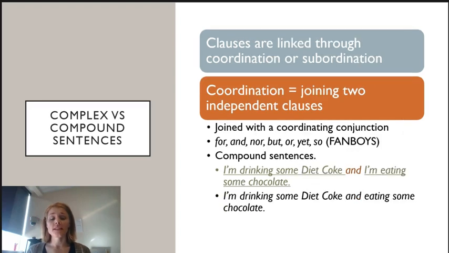Now, we could also have a sentence like, I'm drinking some Diet Coke and eating some chocolate, where the subject and the auxiliary verb am are elided or left out in the second clause, but it's still understood, and this would also be considered a compound sentence.